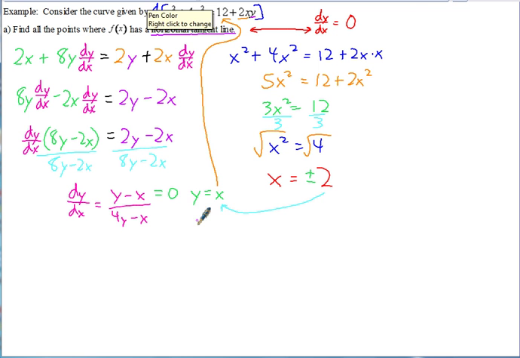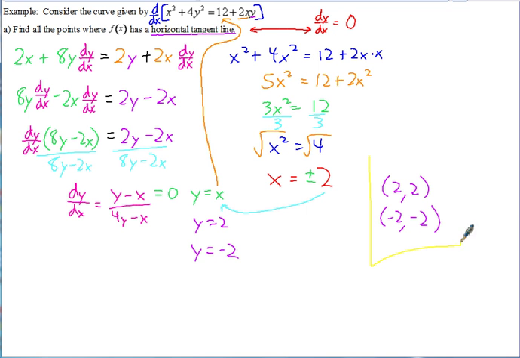So here, if x is 2, y is 2. So that would be one of our points. And if x is negative 2, y is negative 2. So those would be the 2 points where f has a horizontal tangent line.